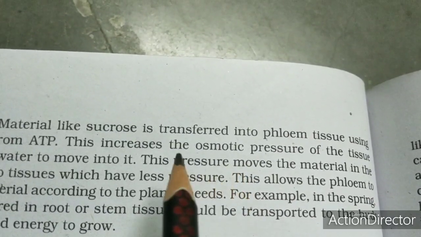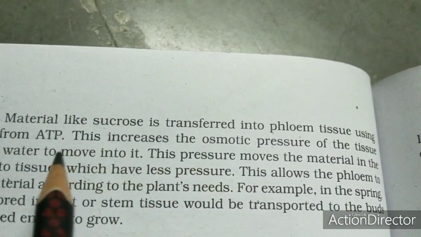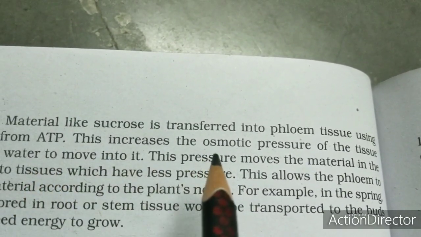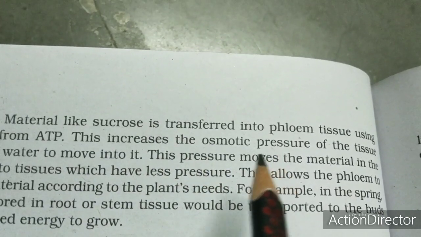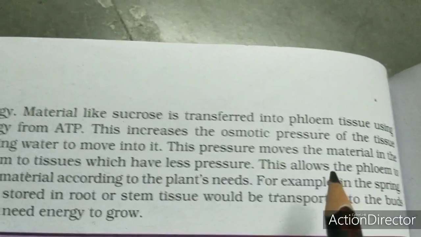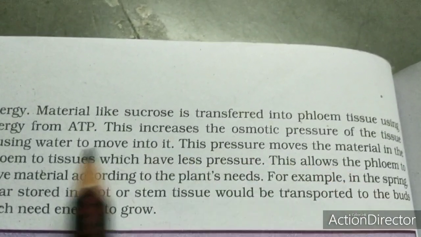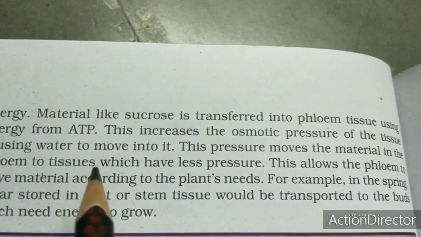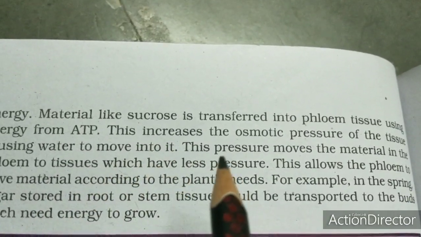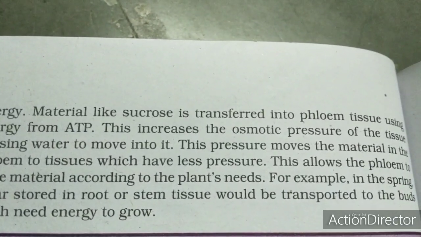The translocation needs a lot of energy, which the plants get from ATP. ATP molecules help to increase the osmotic pressure, and this osmotic pressure helps to move the materials into the different parts of the plant body. So this is how osmotic pressure helps in the translocation of the food products.